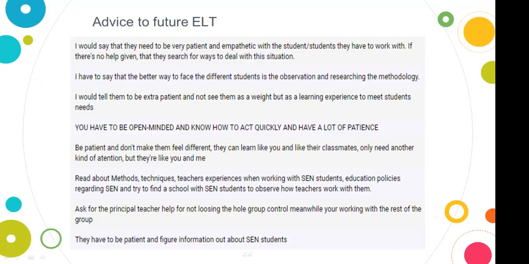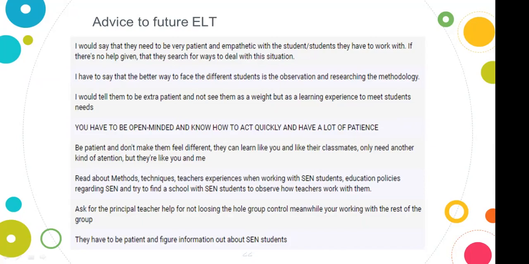The second one, I have to say that the better way to face the different students is the observation and researching the methodology. I will tell them to be extra patient. You have to be open-minded and know how to act quickly and have a lot of patience.